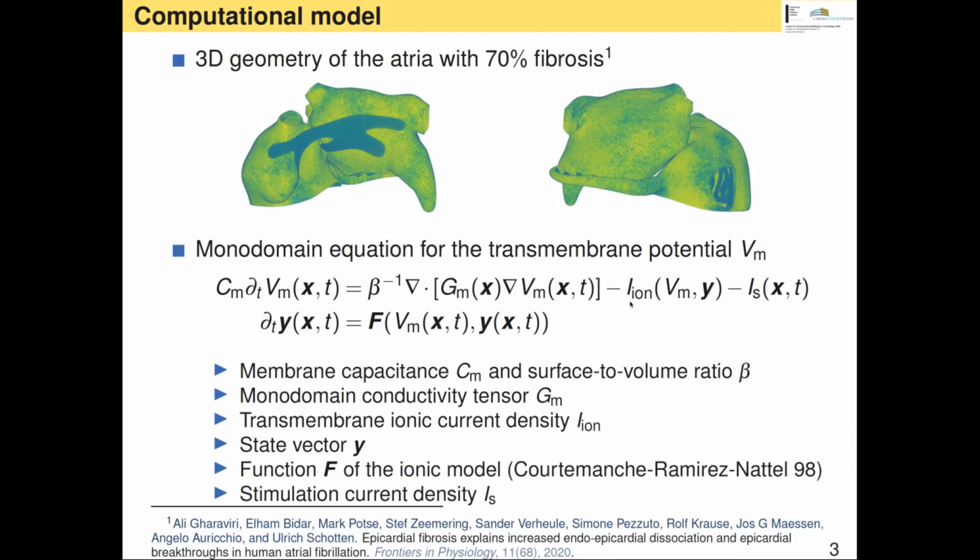Then we also have the transmembrane ionic current density I-ion, that is a function of Vm and of the state vector Y. The state vector is described by the function capital F of the ionic model, that in our case is the Courtemanche-Ramirez-Nattel model from 1998. And finally, we also have the stimulation current density IS.